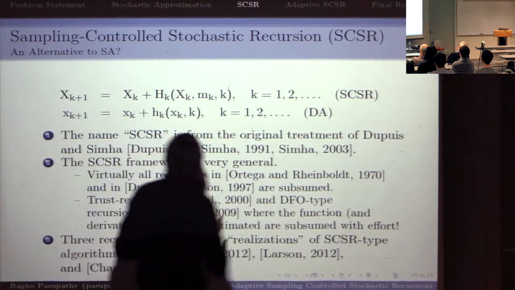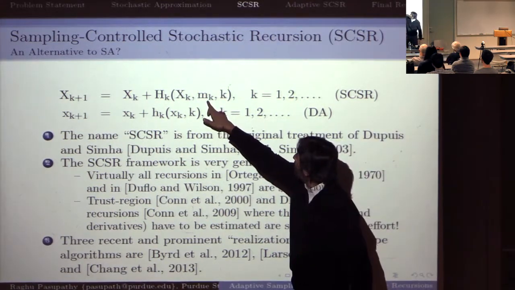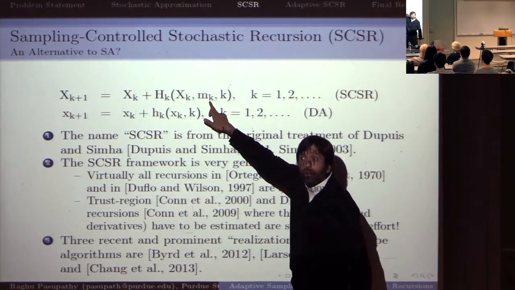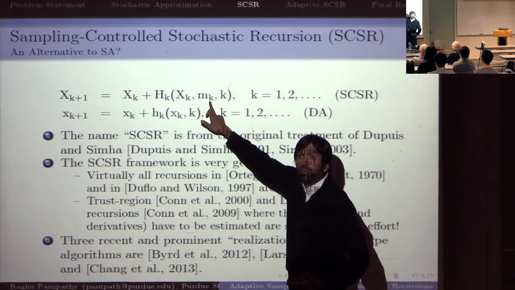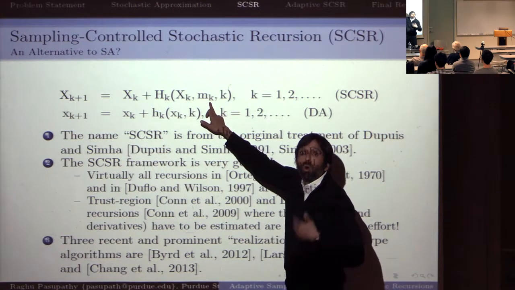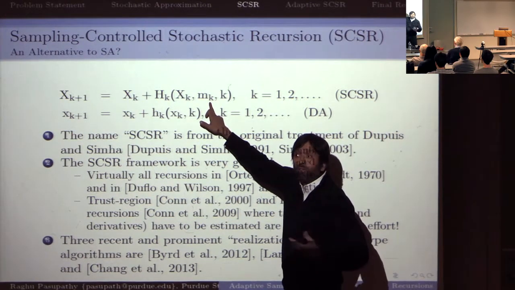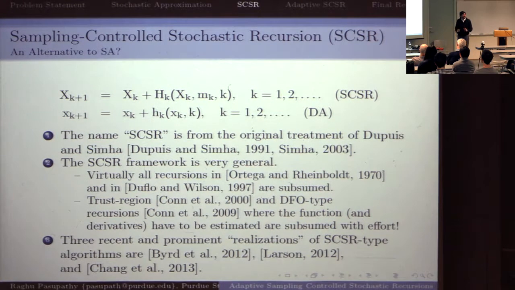All right. Now this introduces a little complication. The complication is hidden within this object right here, m_k. The point is, how much do I sample at that particular point? Right? That becomes the major issue. And we have to contend with this issue of efficiency, because do I sample more, do I sample less, and how do I carefully do this? So that's broadly the question that we will answer as we go through the talk.